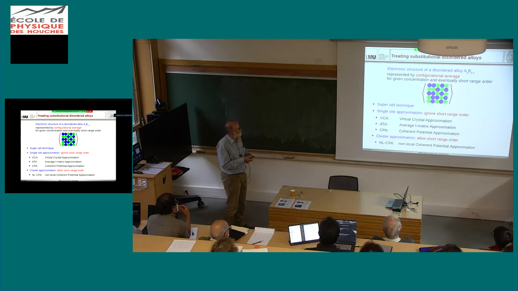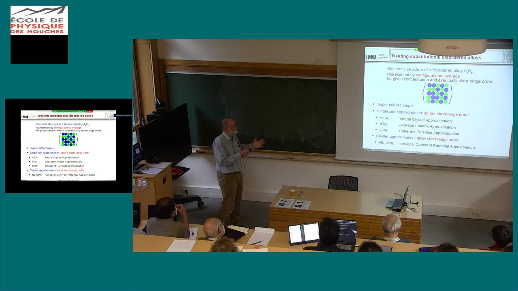Another road started, so to say, with a very simple approximation, namely the so-called virtual crystal approximation. You take an average Z value of the A and B components, and then you do a standard calculation. So iron and cobalt was a standard example, as they are next to each other in the periodic system, or silver and palladium.